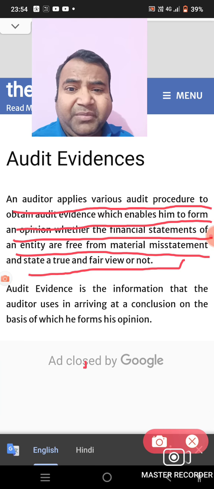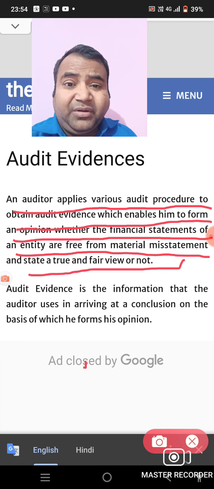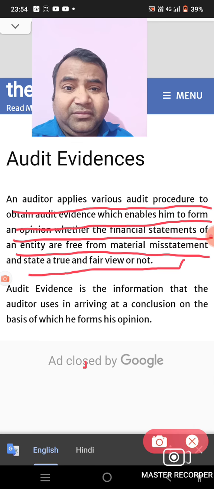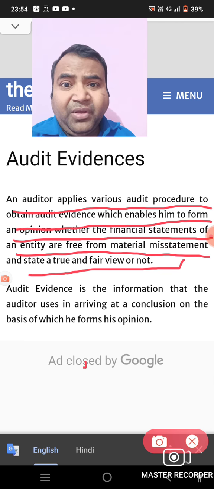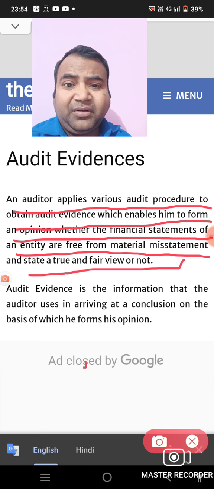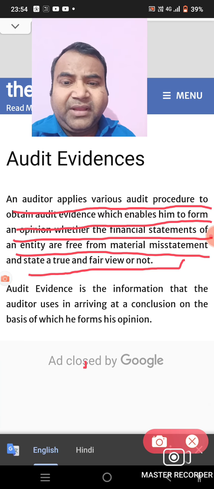forming an opinion about a particular statement, because if there is any misstatement or any kind of fault, any mistakes, errors or frauds in the statement, then the auditor wants to form his opinion about this.